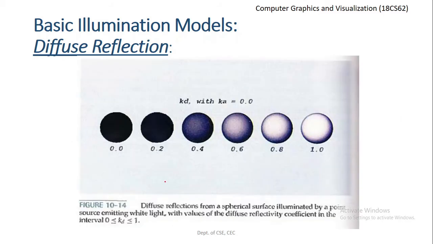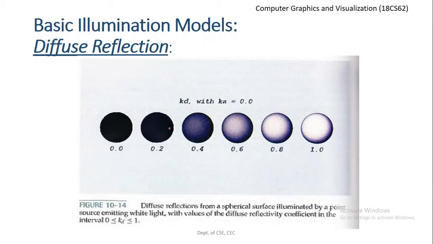Here, in this diagram from the textbook, we have a demonstration of the diffuse reflections from a spherical surface illuminated by a point source emitting white light, with the values of the reflectivity coefficient Kd in the range from 0 to 1 and the value of the ambient reflection coefficient Ka equal to 0.